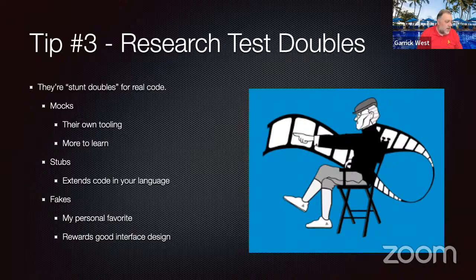You can stub things out real easily without necessarily relying on a lot of mocking or framework sort of stuff. And fakes, again, this is my personal favorite. If you're already going to have a good interface implemented, using a fake will just make it easier to write it in your own domain concepts.